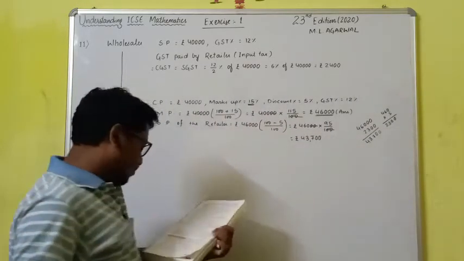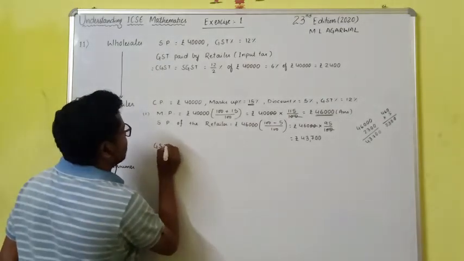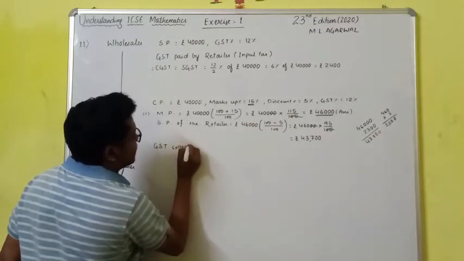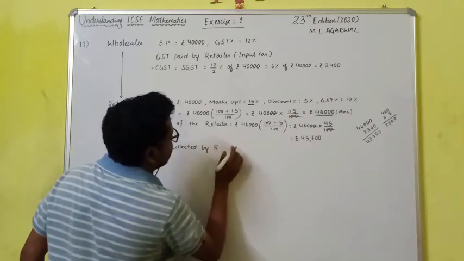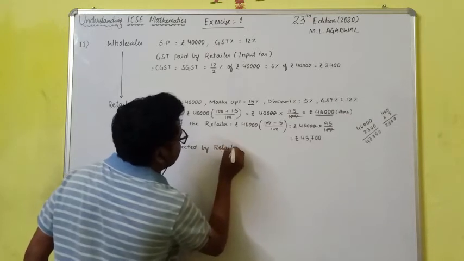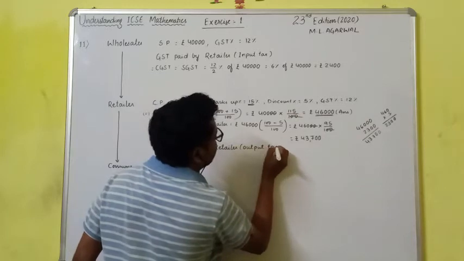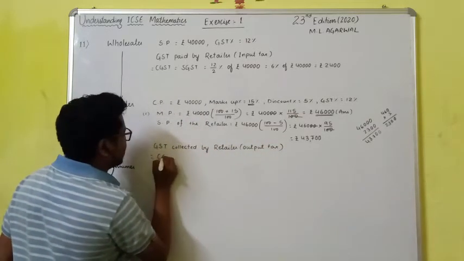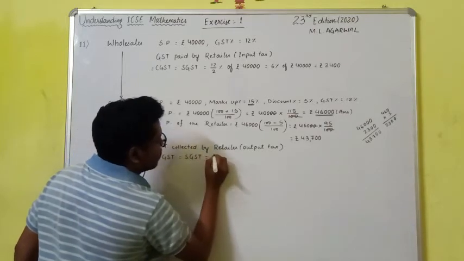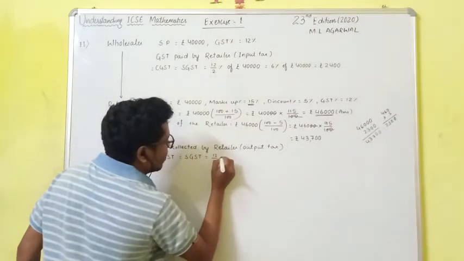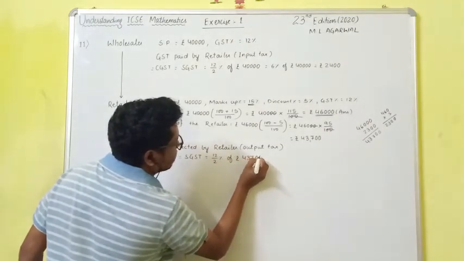Okay, now come to the point. GST collected by the retailer is called his output tax. Retailer, in bracket write output tax. Output tax will be equal to CGST is equal to SGST is equal to 12 by 2 percentage of rupees 43,700.